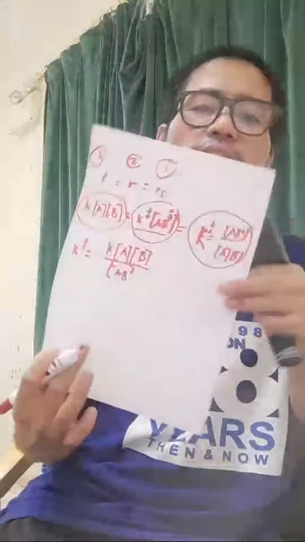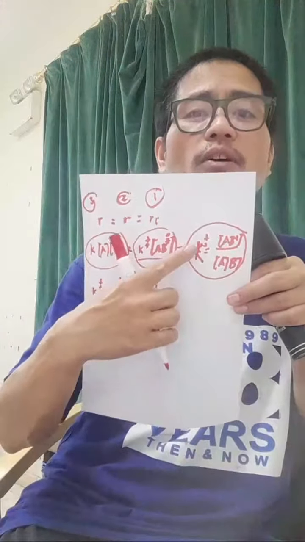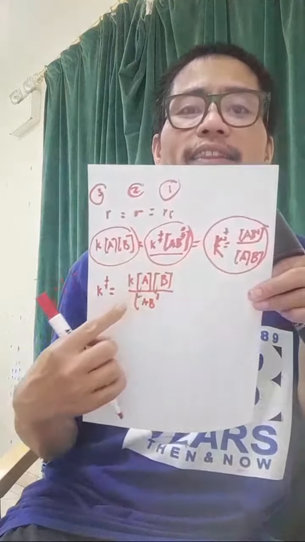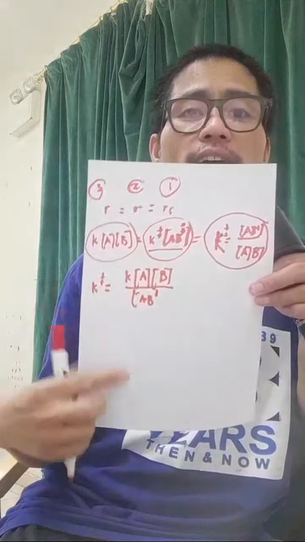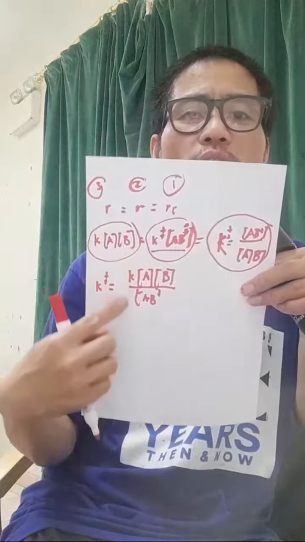Let's emphasize this: this special equilibrium rate constant double integer is the big K, and the small k is this one, so that we will not be confused because we are using the K. So if we solve the small k double integer, we obtain this value, AB. So we solve that one.